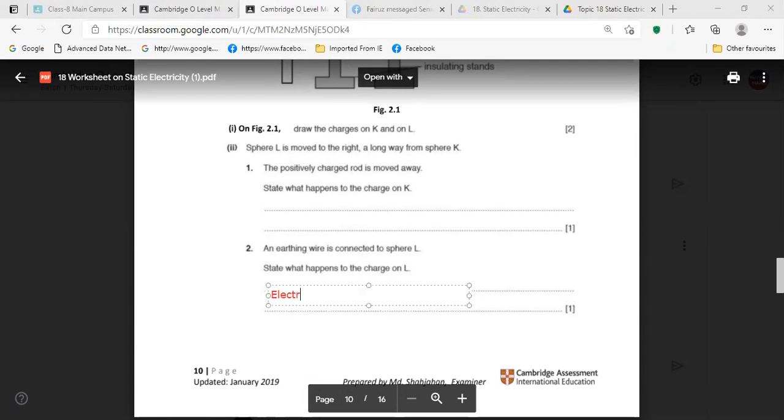Electrons from Earth will flow towards the sphere to neutralize the positive charges.